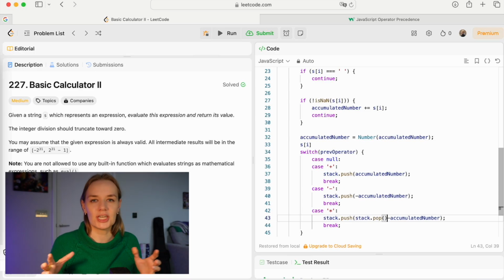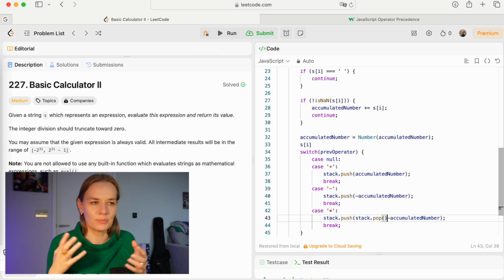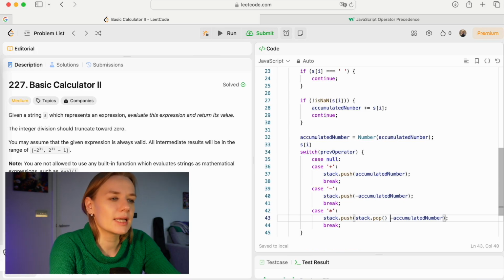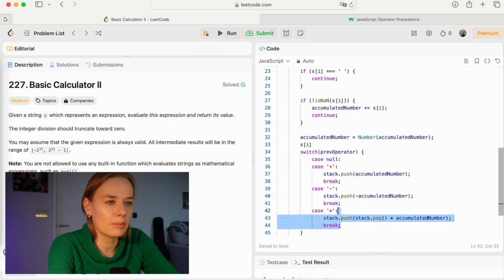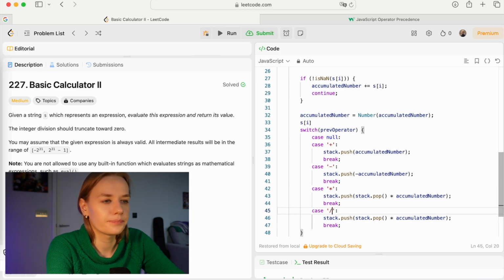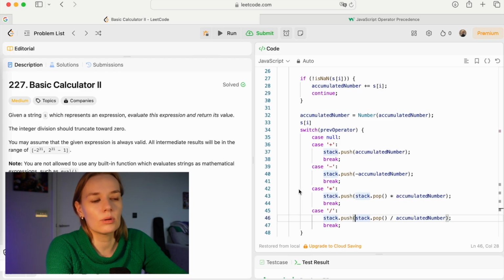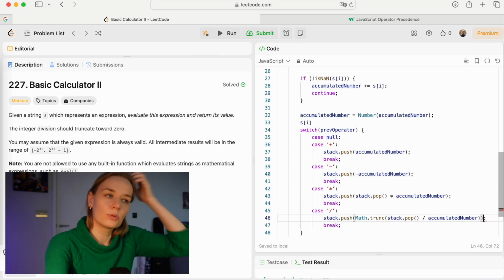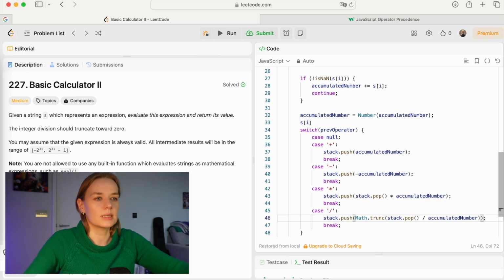We can basically change the last element in the stack, just pick it up with stack dot length minus 1, or just make stack pop and push back: stack pop multiplied by accumulated number. And next one, if we divide, we do the same, but because we always need an integer, I use Math.trunc and remove our floating part, and that's it.